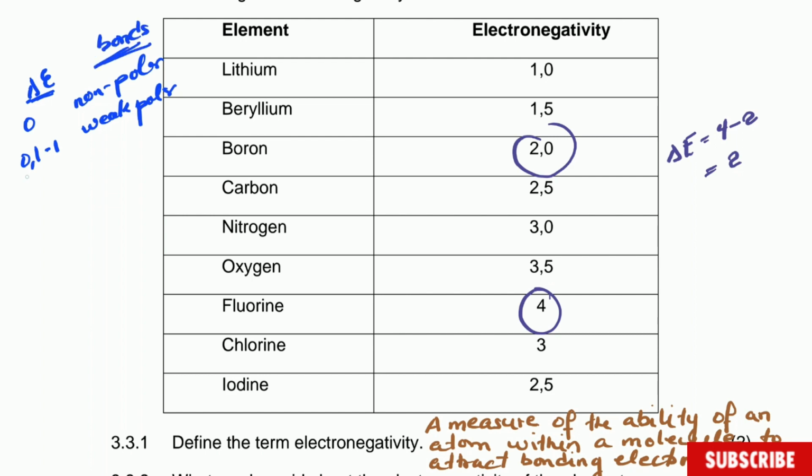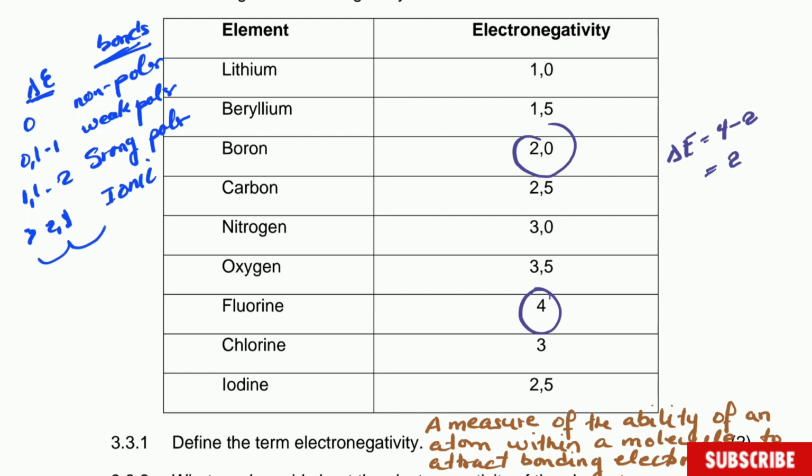Alright, if the difference in electronegativity is between 1.1 and 2, then it's a strong polar bond. And if it's greater than 2.1, then it's ionic.